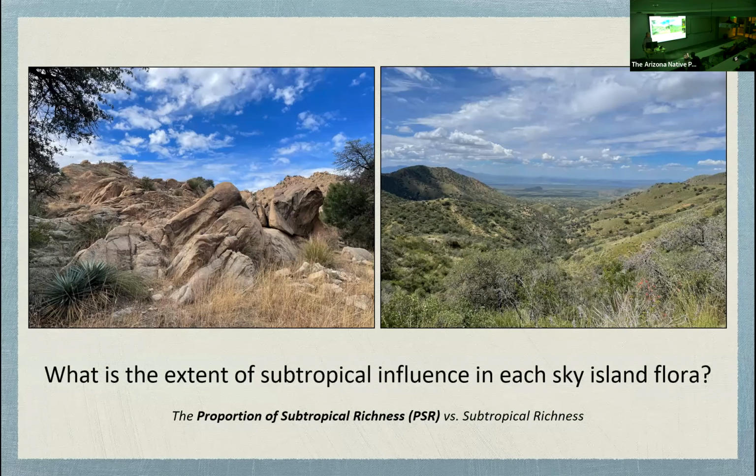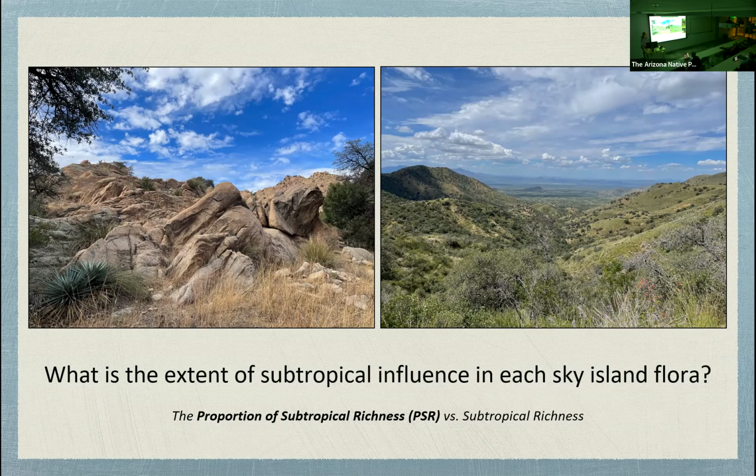But if somebody in the room would say to you, does that mean that Santa Catalina is more subtropical in nature from a botanical perspective than Baboquivari? I think most of us would say no. Baboquivari would have a lot more of what we would think of as subtropical plants. So I basically came up with this metric, which has worked out really well. It's a little clunky, but it's called the proportion of subtropical richness.